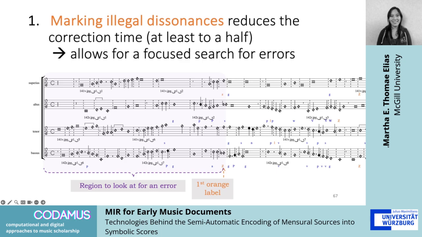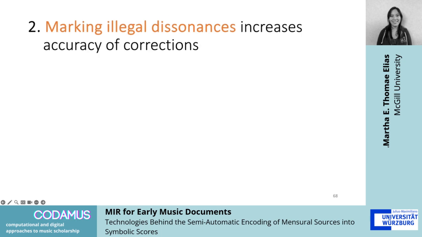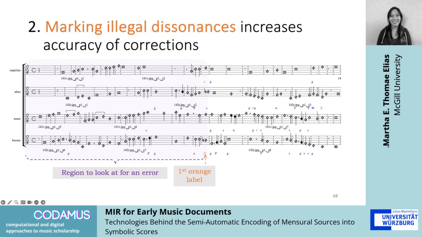And in addition to that, it also increases the accuracy of your corrections, because going back to the same example, if you look at the cadence following that first orange label, you can see that it reveals that this voice, the alto, has to be cut by a minim. It's a minim too long.